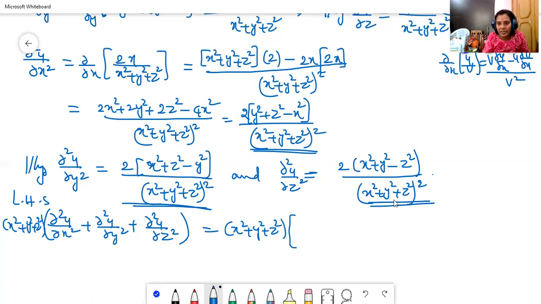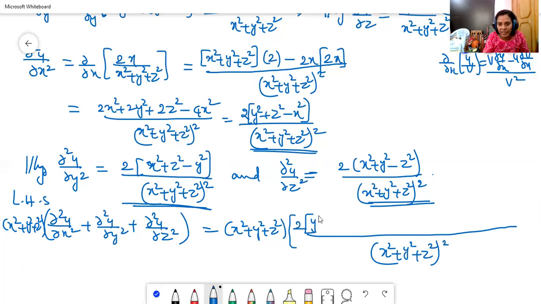Then denominators all are same. Just we can take LCM of all denominators, x square plus y square plus z square whole square. And in all the numerators having the 2 is the common multiple. Then taking common from the three terms and write the remaining terms.